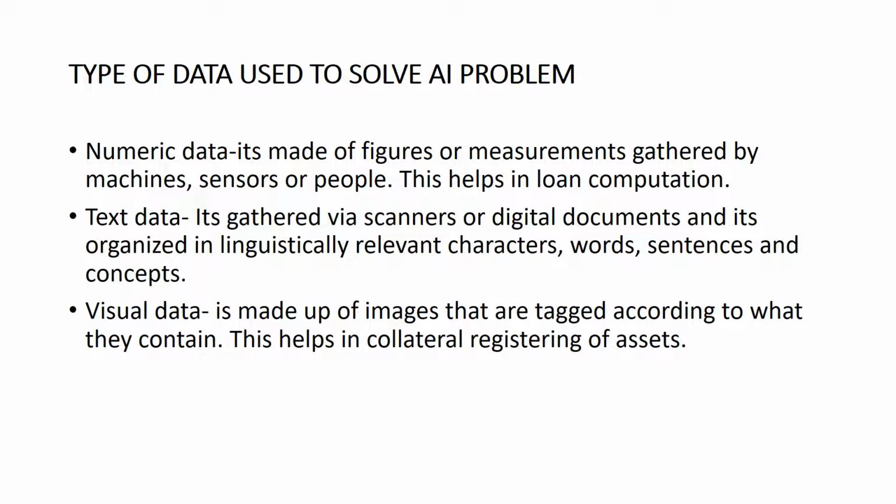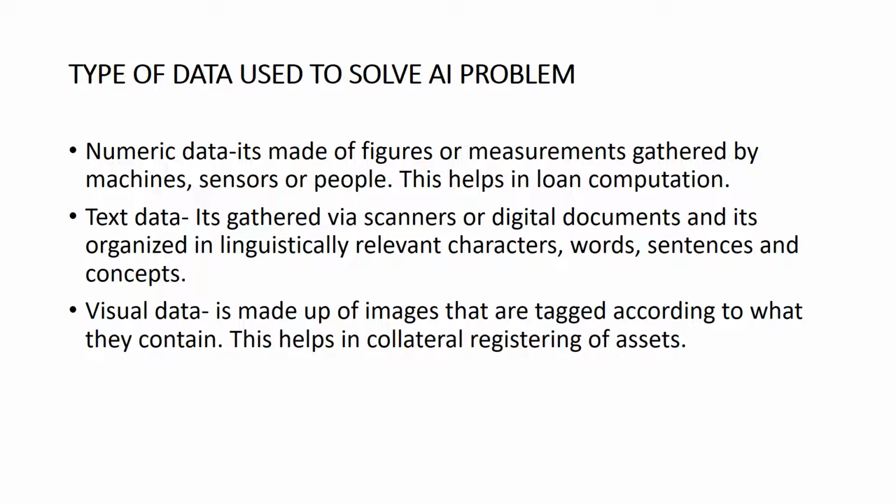Now, the types of data to solve the problem. First of all, we need numeric data, because it is made out of figures and measurements gathered by machines, sensors, or people. This helps in the loan computation. You have text data that is gathered via scanners or digital documents, organized as linguistically relevant characters, words, sentences, and concepts. These include documents like a land title.